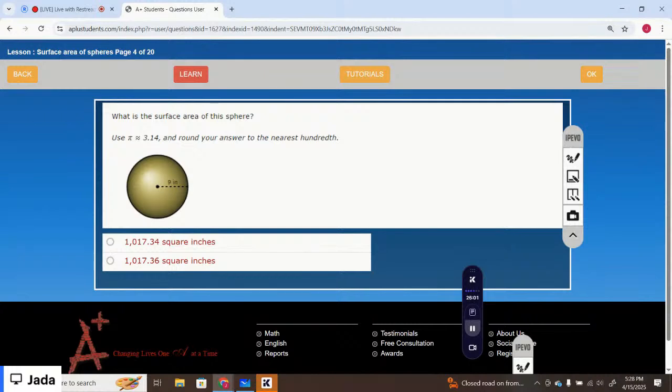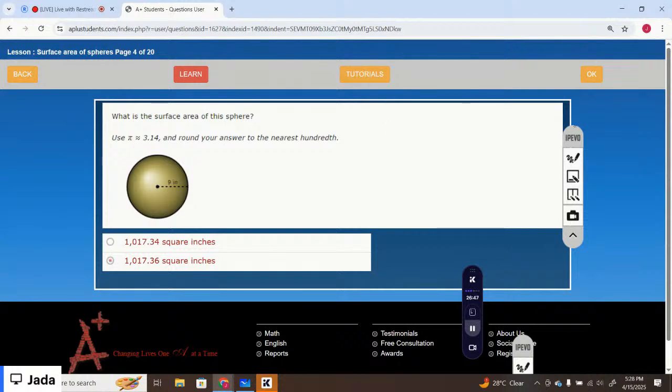What is the surface area of the sphere? Which is the correct option? The correct option is 4 times 3.14 times 81.